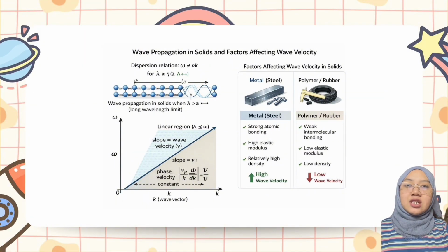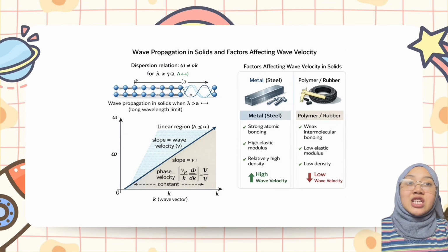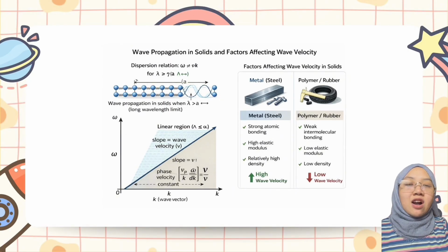In this region, the dispersion relation is linear, meaning angular frequency ω is directly proportional to the wave vector k. This is written as ω = vk, where v is the wave velocity. Now, look at the graph below.